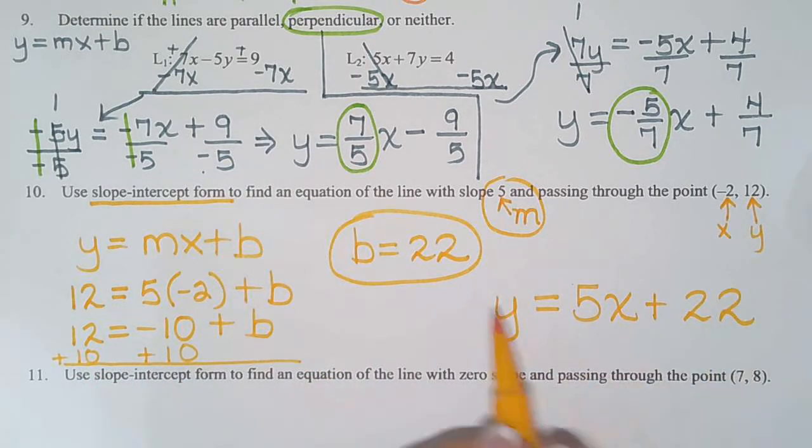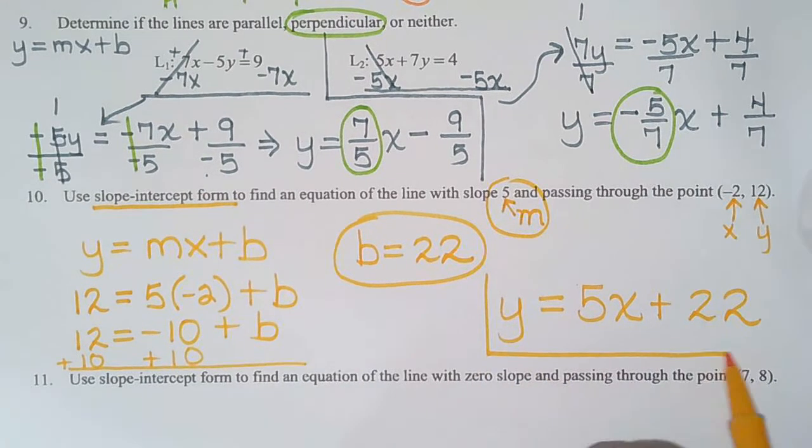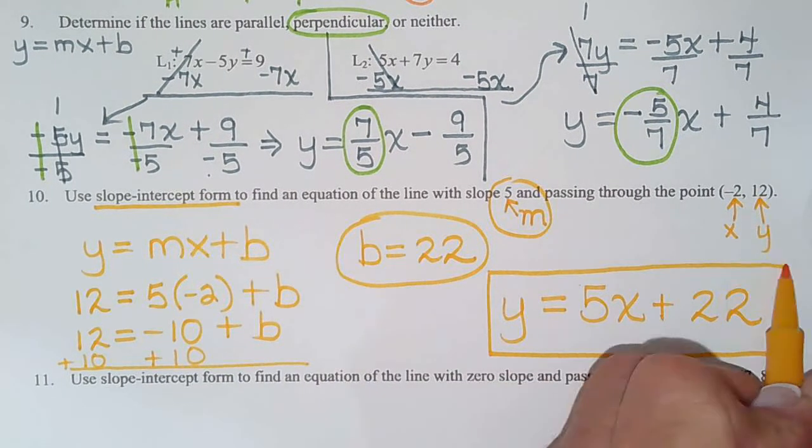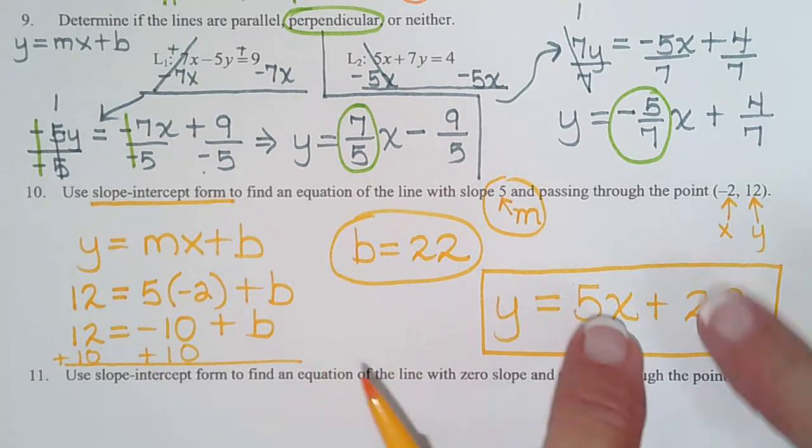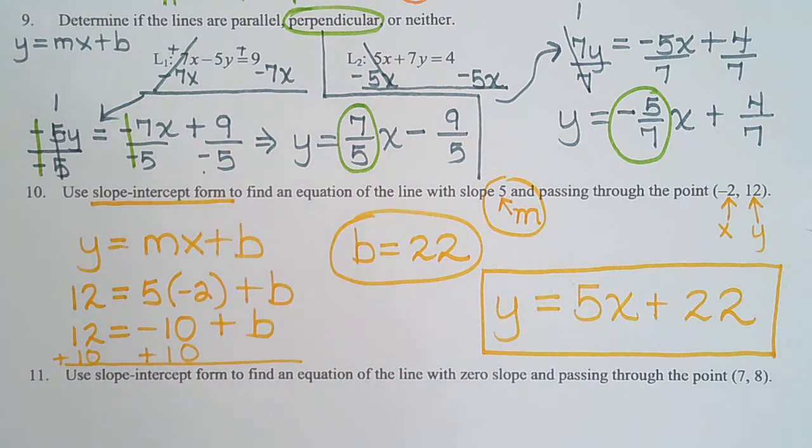So that's called writing an equation of a line. You find the m, you find the b, you plug them in, and that's my equation. So these are only used to help us find the b. We don't put them in the next answer because an equation has an x and a y in it. So we just plug in the m and the b.